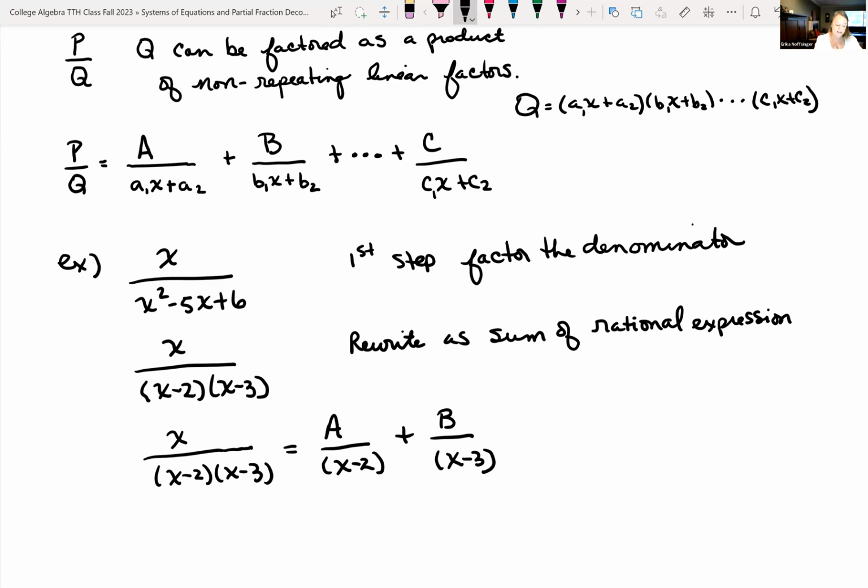Once you've done this and split it up as a sum of rational expressions, we can clear our fractions by multiplying both sides of our equation by our LCD, or least common denominator.